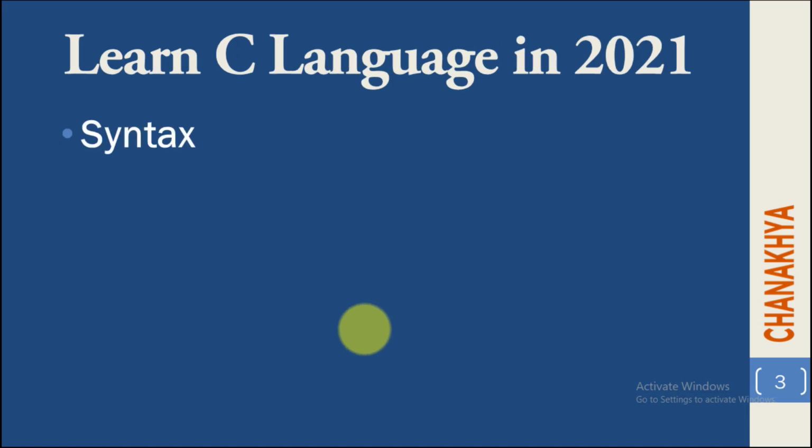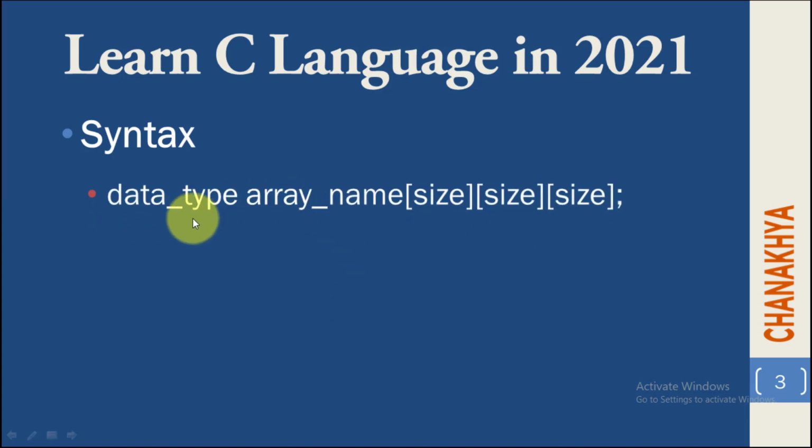So how do we write the syntax for a three-dimensional array? First we specify the data type of the array, then the array name, then the sizes. Here we specify the x-axis, here the y-axis, and here the z-axis. In simple words, here we specify the rows, here the number of columns, and here we take the example of a building.